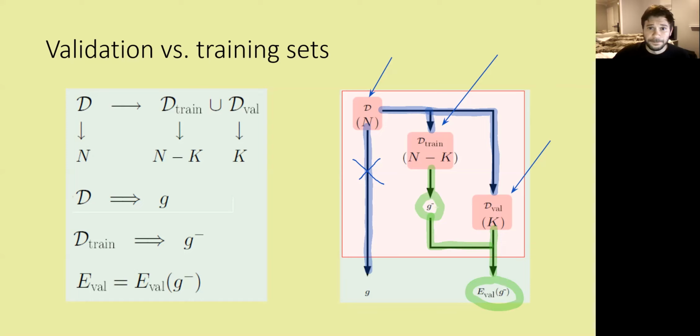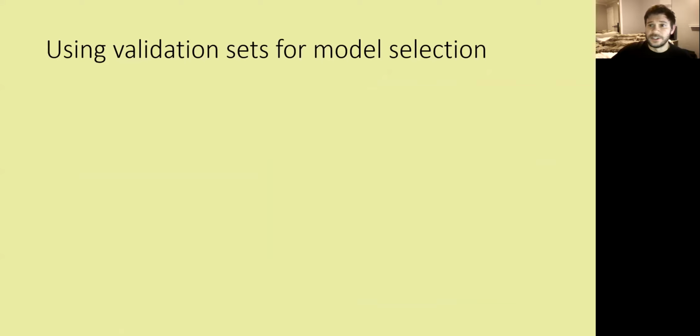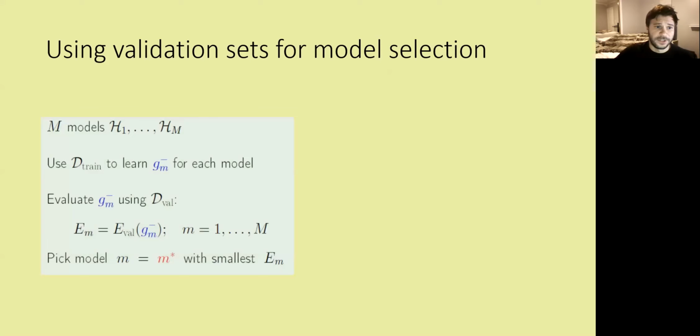Moving along. So the idea here is the following. We're going to use validation sets to compare different models. We can train them with the training data, but then we'll run the model against the validation data to see which model is the best out of sample. So now this picture gets a little bit more complicated.